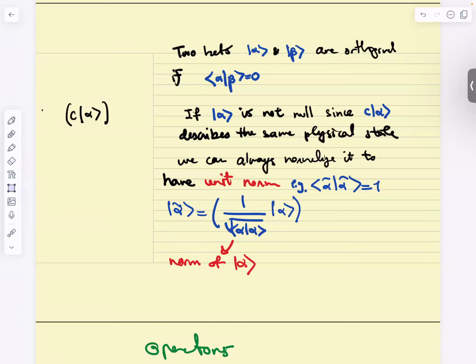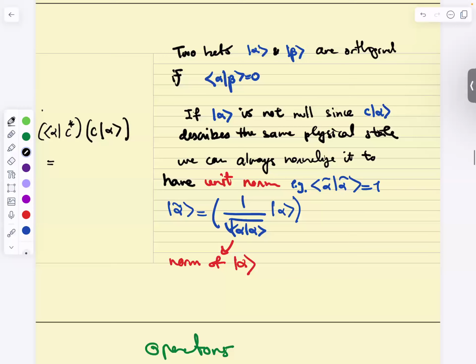What is the conjugate of C alpha? It's alpha bra times C star. So when I take the inner product, what I obtain is C squared times the norm of alpha. So this C really just controls the norm of the vector. And I said the norm of the vector is unphysical.